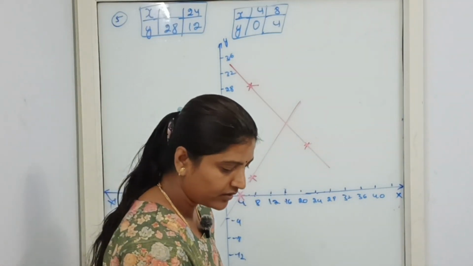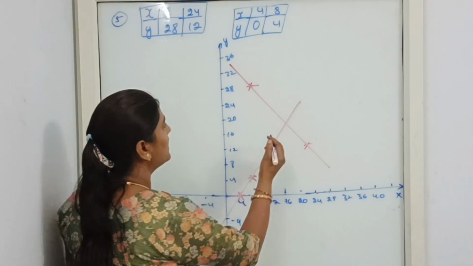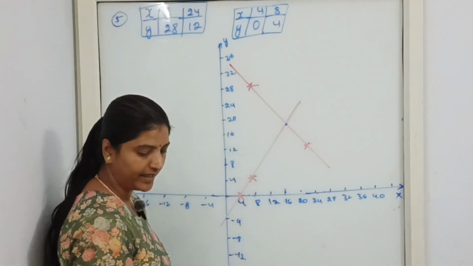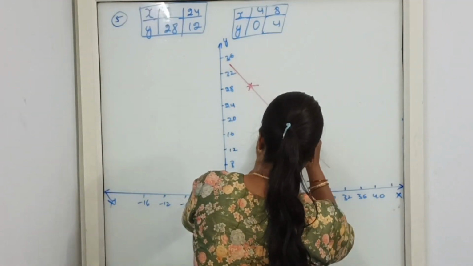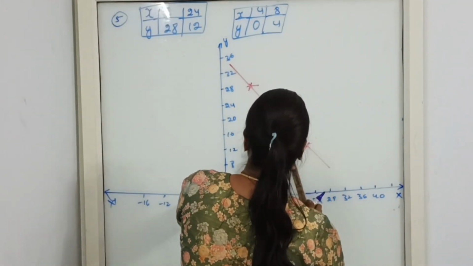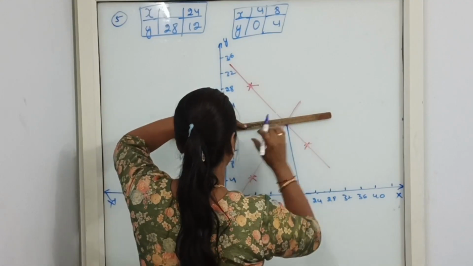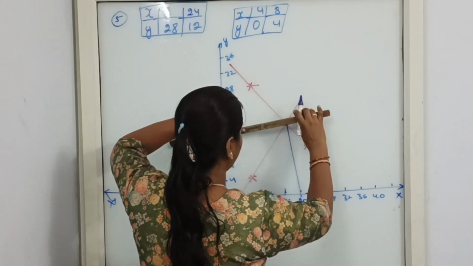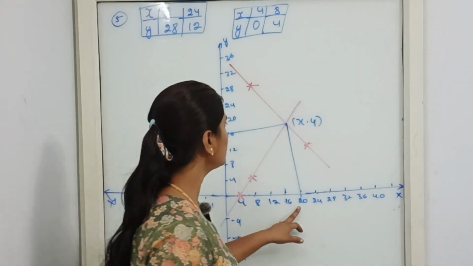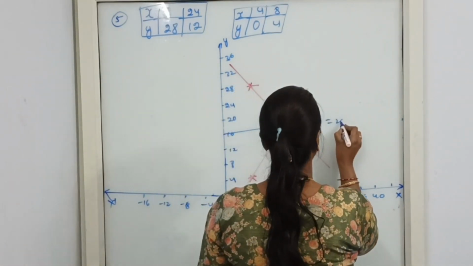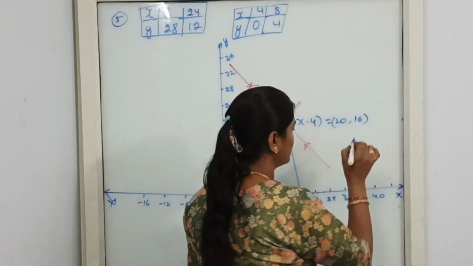Okay. Now we need to concentrate on the intersecting point. Where is it intersecting? It is intersecting on the x axis and y axis. Always write the x comma y point, right? X is 20, y is 16.